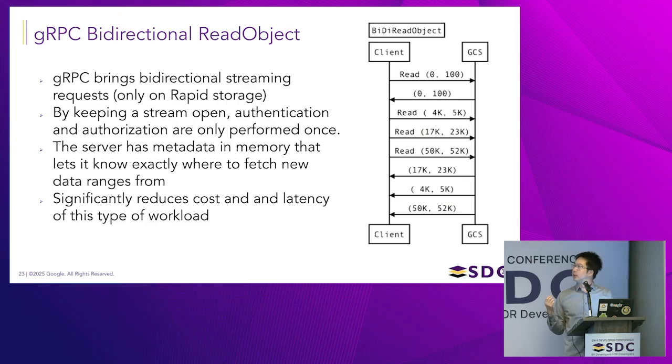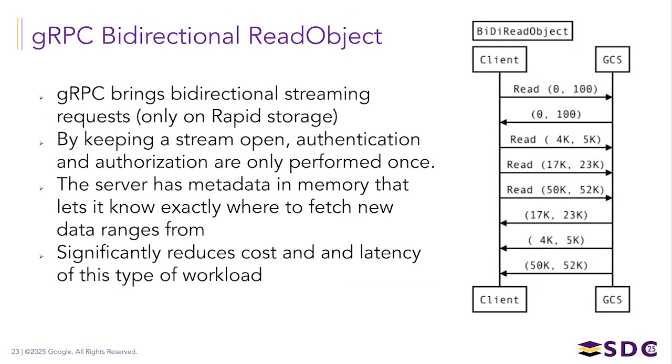So with bidirectional read object, we're able to smush all these into a single stream. You're able to open a stream, and then you can issue multiple read ranges within that stream, and those responses will stream back. One of the things you may notice here is that we don't necessarily return in exactly the same order, so you can queue up a bunch of range read requests before any response has been received.